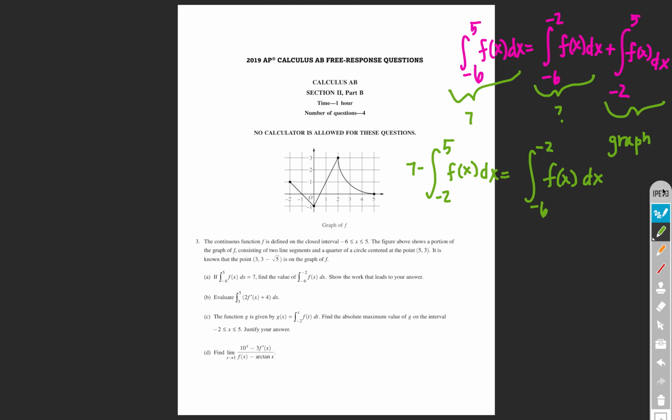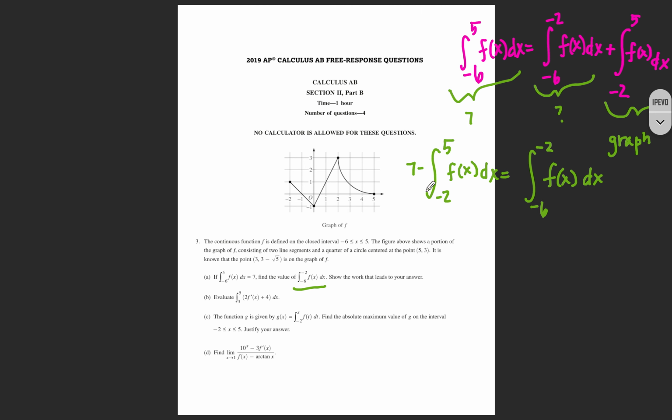Now look at what we've got. We've got 7 minus this integral is equal to what we're looking for, what we're asked to calculate. So as long as we can calculate this integral by using the graph given, we will have answered the question.